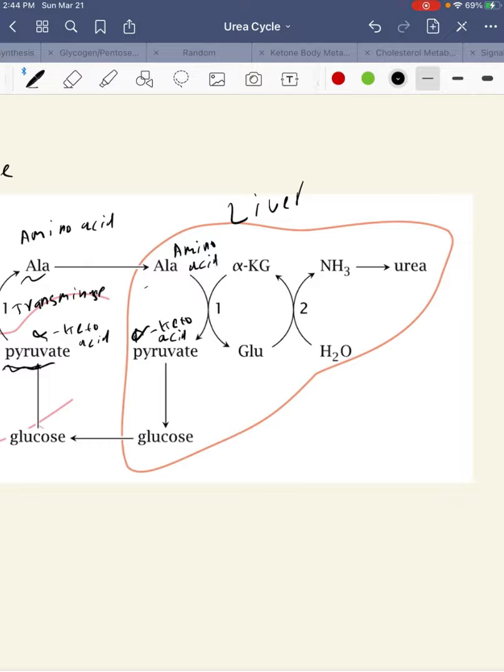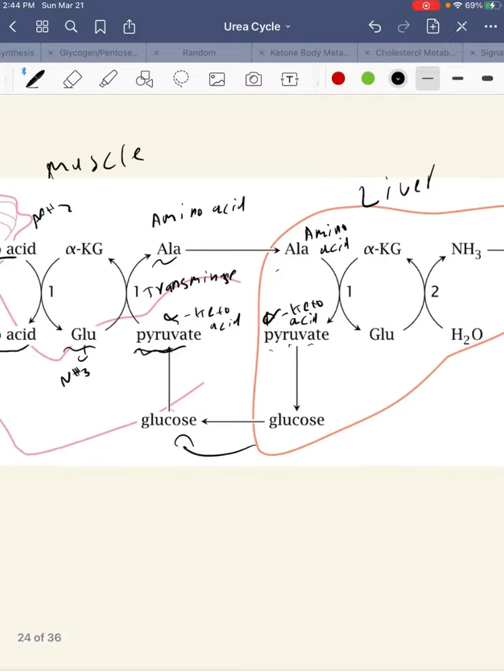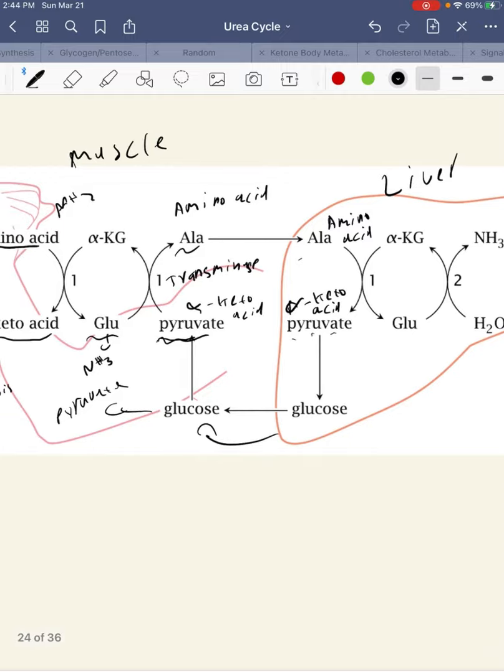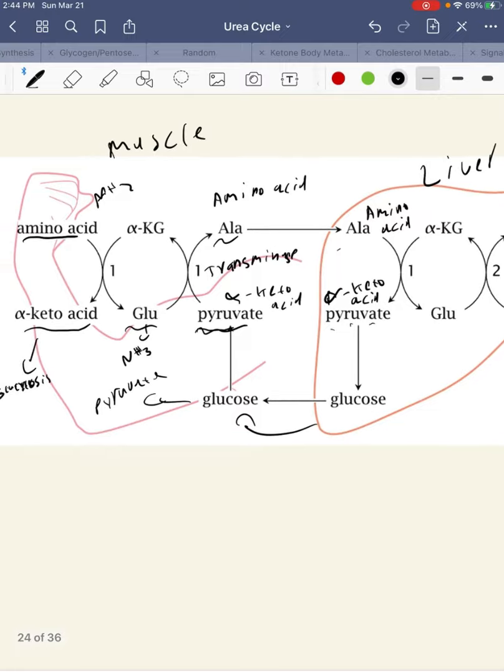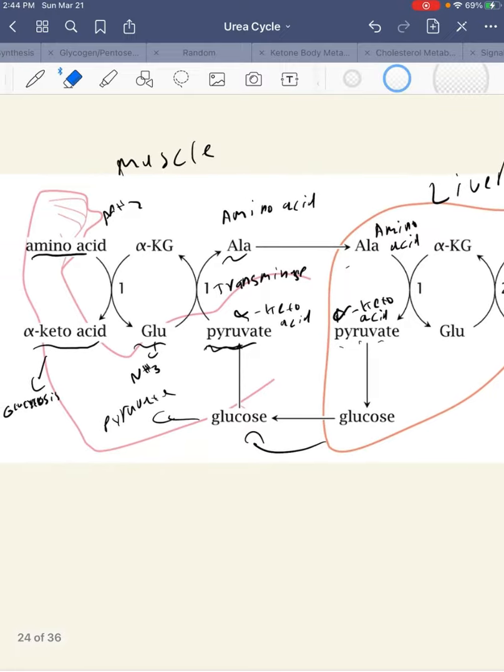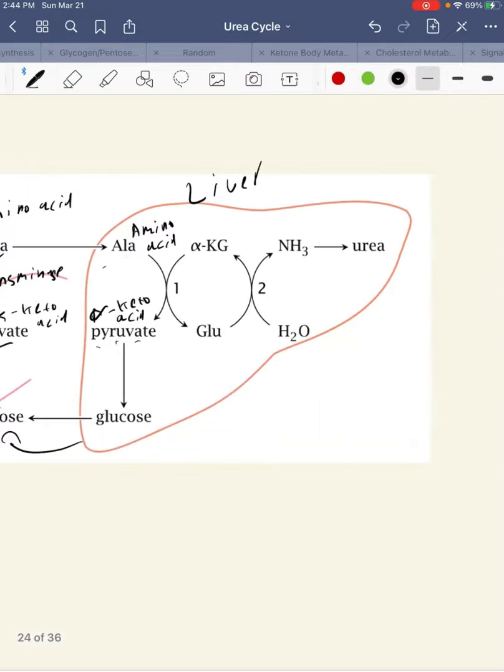So we run it backwards to make pyruvate, and then pyruvate can be converted to glucose, and that is then sent to the muscle. So we send glucose, and then the muscle can use glucose to make pyruvate for energy, or we make more pyruvate to be able to allow us to break down more amino acids so we can continue running the alanine cycle.